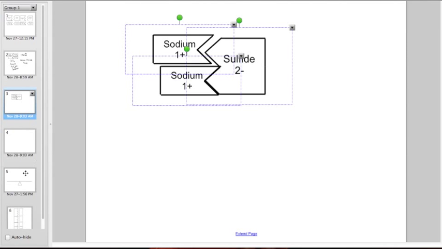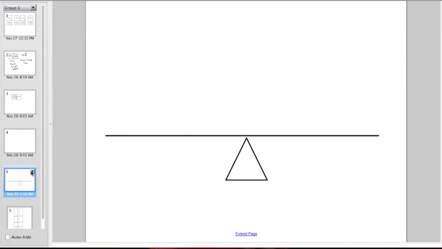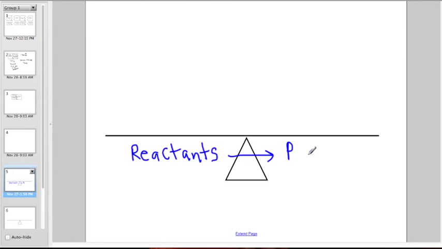The things that go into a chemical reaction are called the reactants. That's on this side of a chemical reaction. I'm not sure why there's a delay. The things that come out of a chemical reaction are called the products. And I can't make something if it wasn't there before. It's not created or destroyed.